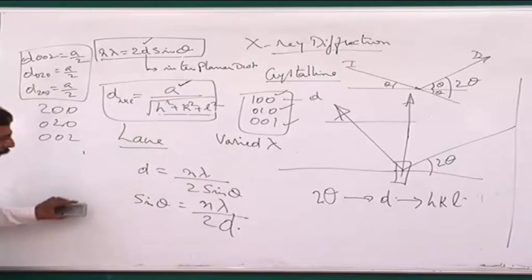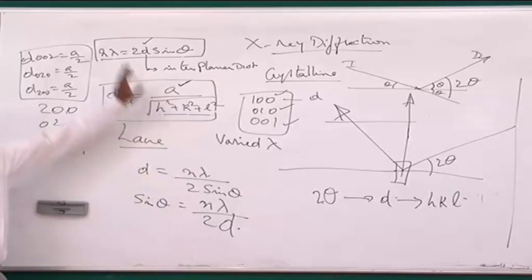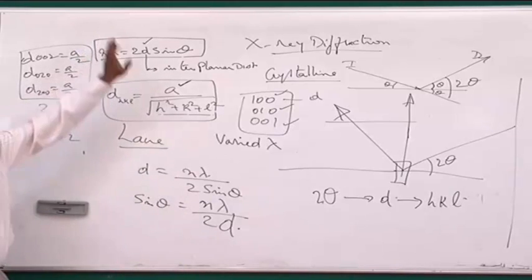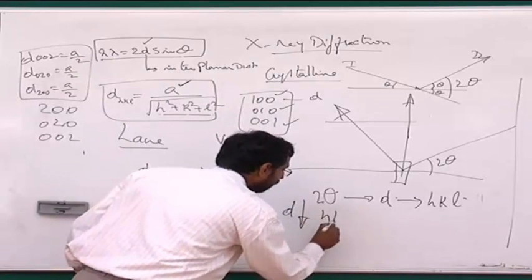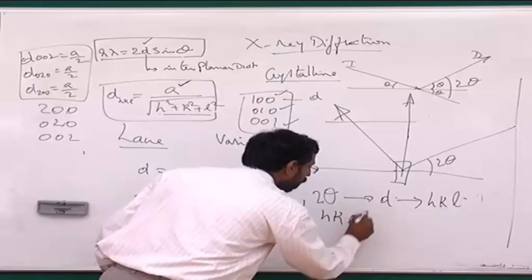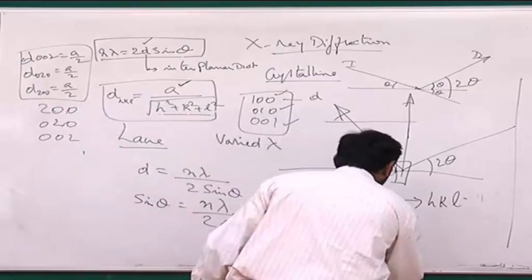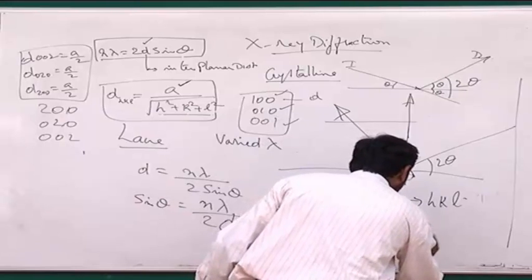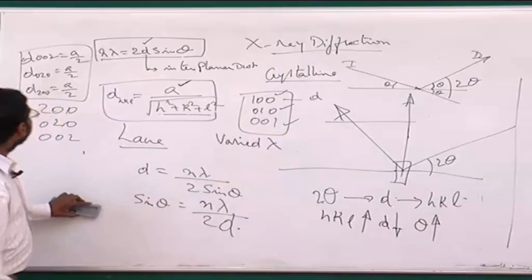Right? That means what? If the d is decreasing, then the theta will increase. When does the d decrease? If the d is decreasing, then HKL is increasing. In other words, if HKL is increasing, then the d will decrease. If the d decreases, then the theta will increase. Why? You can see here.